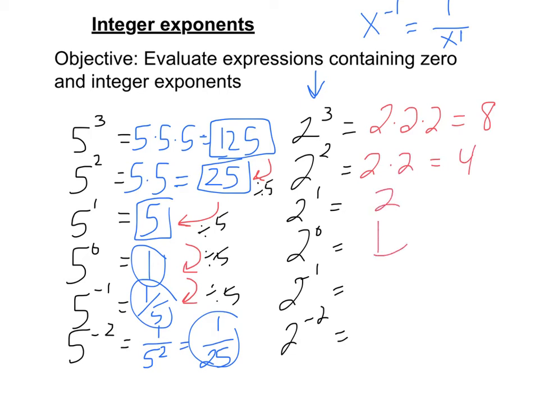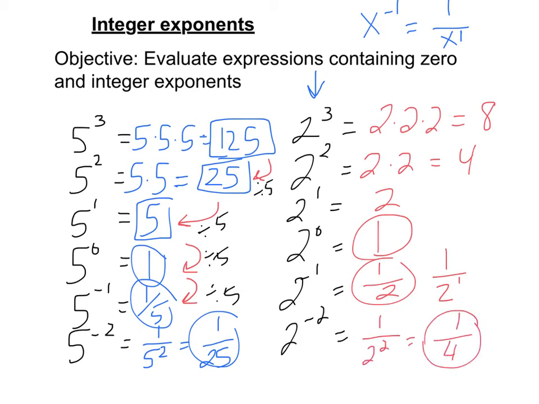And we see that, hey, anything raised to the 0 power is 1. 2 to the negative 1 power, 1 divided by 2 to the positive 1 power. 2 to the negative 2 power, 1 divided by 2 to the positive 2, which is 1/4.